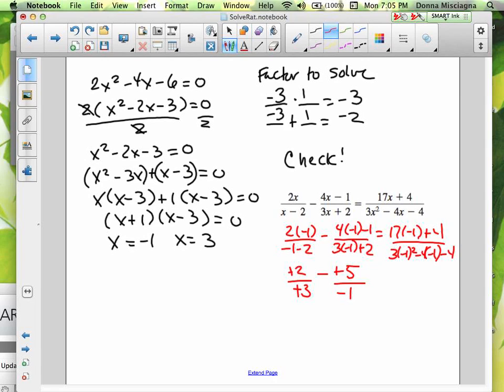So again, that's going to cancel there. Equals -17 plus 4, which is going to give us a -13. Now let's write this one out. So this would be 3 times 1 plus 4 minus 4. Well, that's just going to be -13 over 3. So we have 2/3, and let's get a common denominator while we're at it.